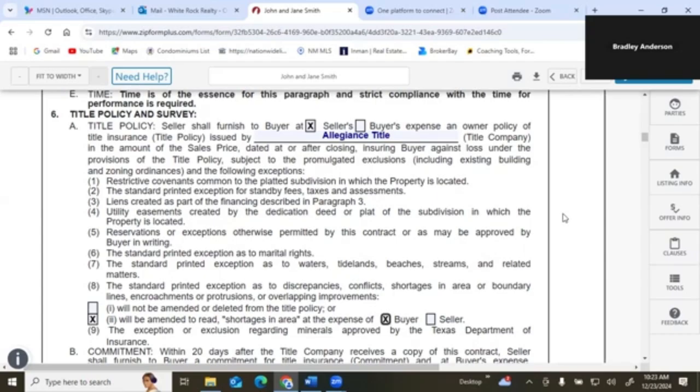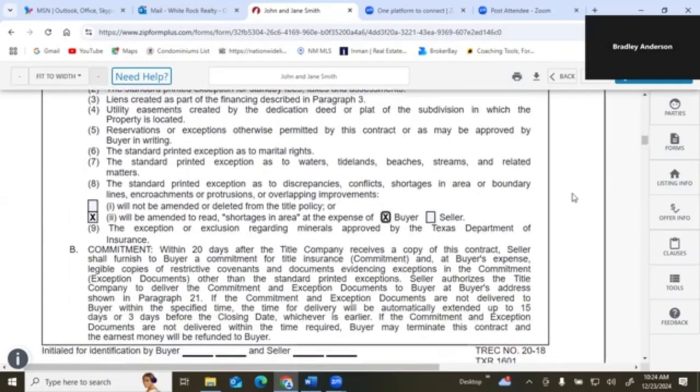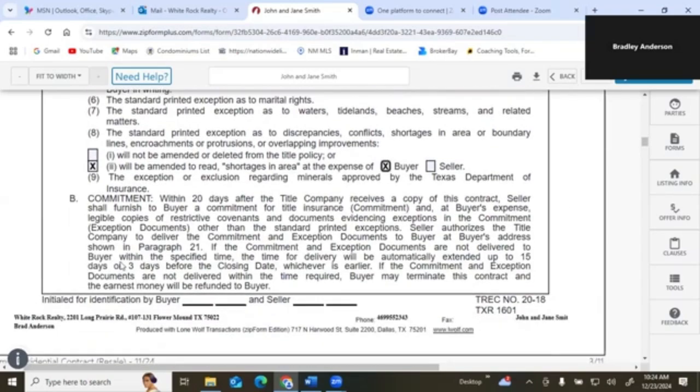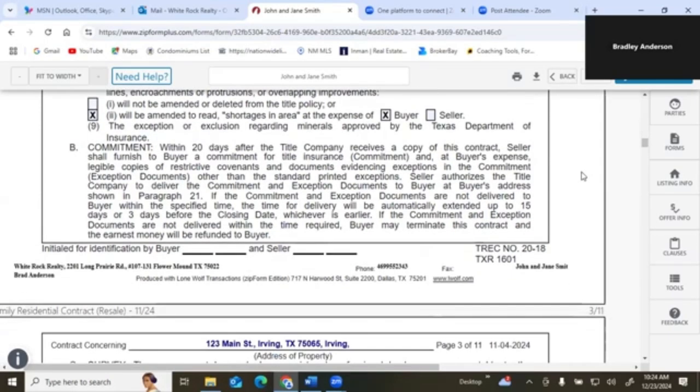And just as a rule of thumb, it's usually very inexpensive. It's usually 1 to 5% of the original seller's policy. Okay, so we're talking less than $100. Now, it goes on to say that the title company has 20 days to get the title commitment. I'm mentioning that because agents seem to think that the quicker you can close a property, the bigger the hero you're going to be.